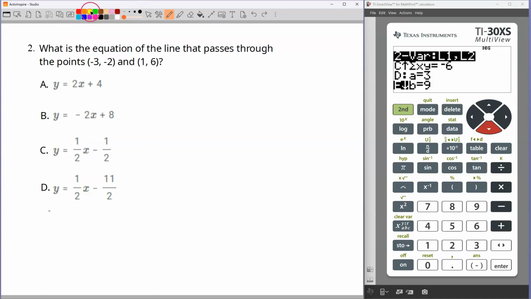It's asking for the equation and it gives you 2 points, this point and this point. Now in the previous problem, you were given a point and the slope and you wanted to find the equation. This one is giving you 2 points.